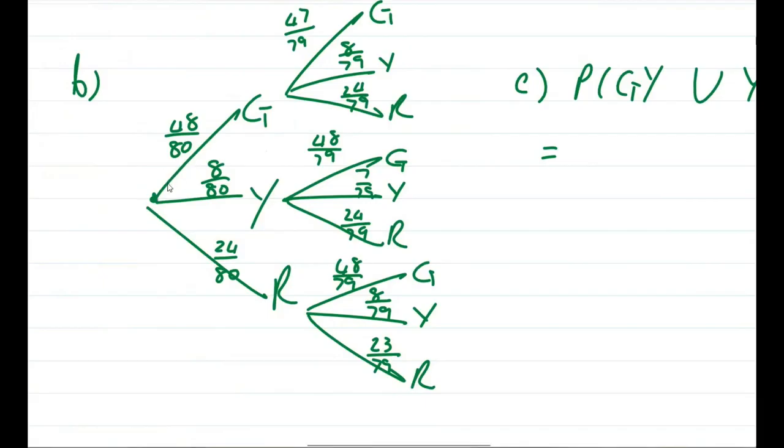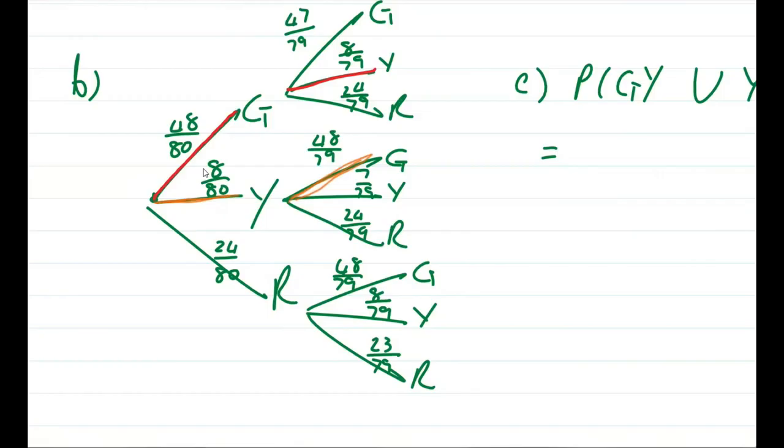So when we move down the branch, can you remember what we are going to do with these probabilities? You want to get your green and your yellow, and then go to your yellow branch and get yellow and green. As we move down the branch, how do we put these probabilities together?